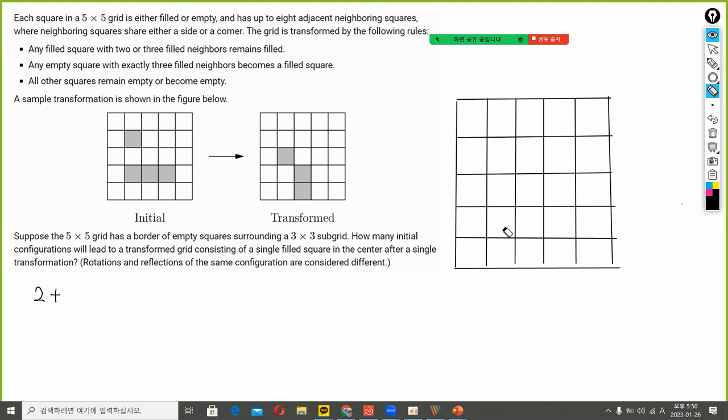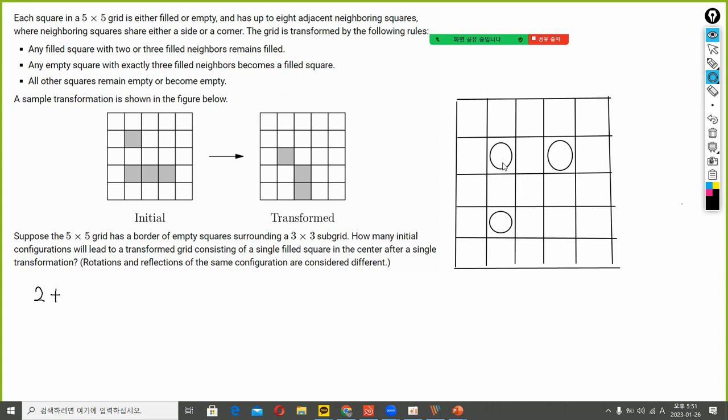and then let's just start with the center empty before transformation, and only the center will be filled after transformation. So if we start with the center empty, that means there should be three adjacent filled squares because of the second condition. So we can make these three corners filled.